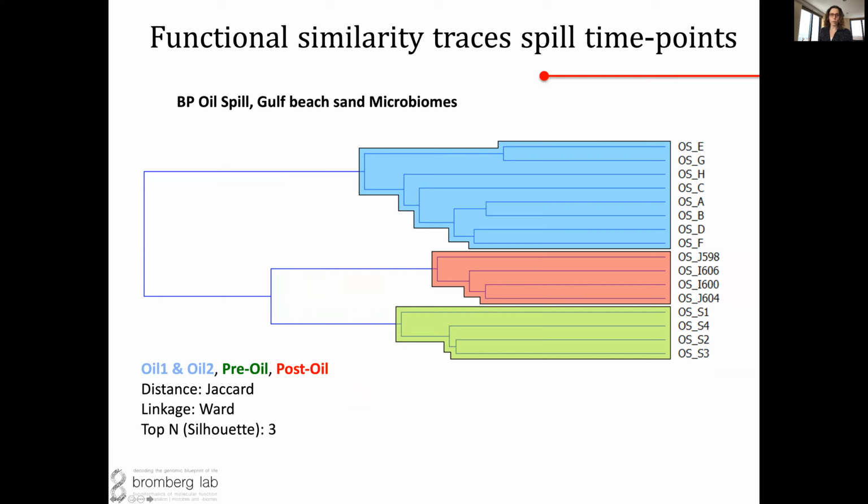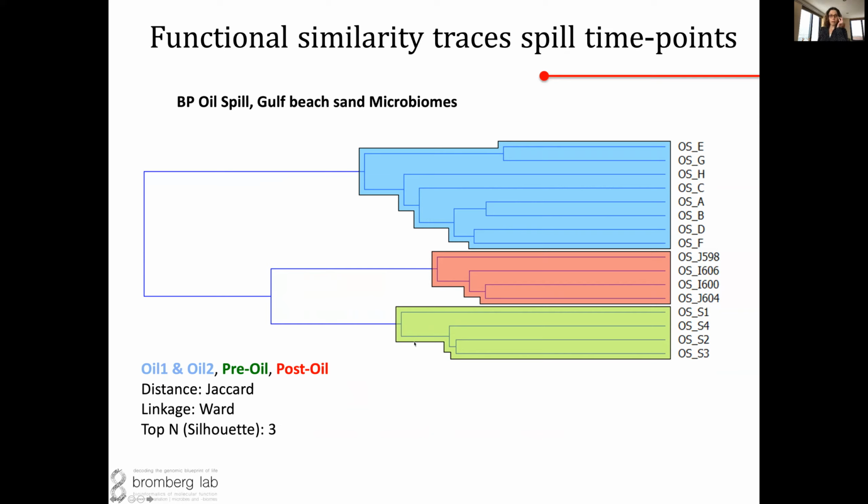Now here, the metagenomic data comes from the BP oil spill. So this particular experiment was done on the beach sand. So people have collected microbiota from the Gulf beach and then measured the difference between the pre-oil phase, the time during the oil phase, and the post-oil phase.